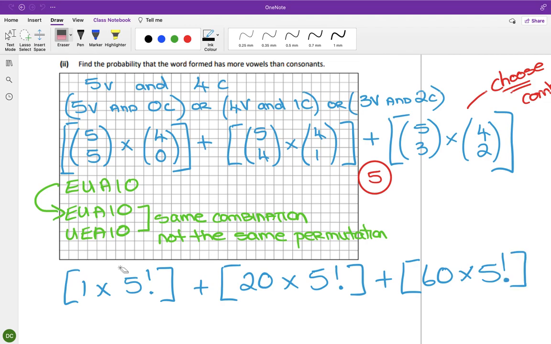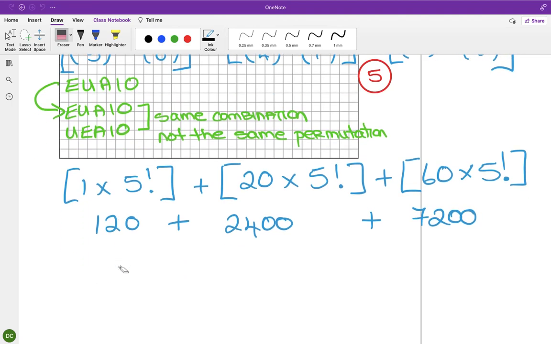Okay, so 1 times 5, what is 5 factorial? 5 factorial is 120. So that's 120. This is 20 times 120, which is 2,400. And this one is 60 times 120, which is 7,200. So add them up.